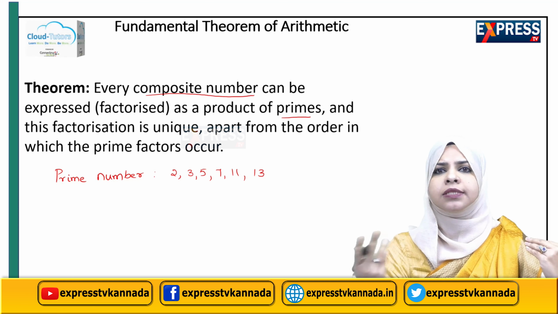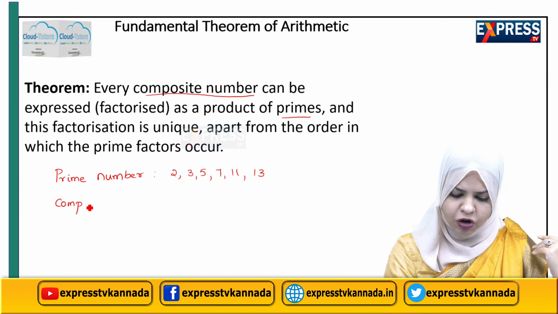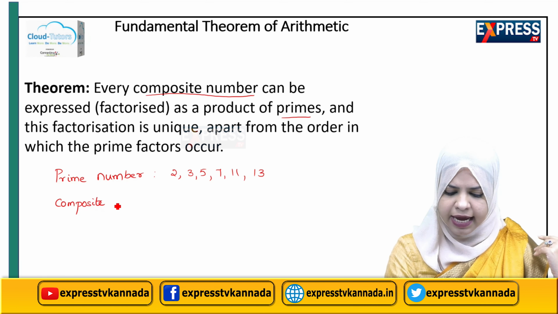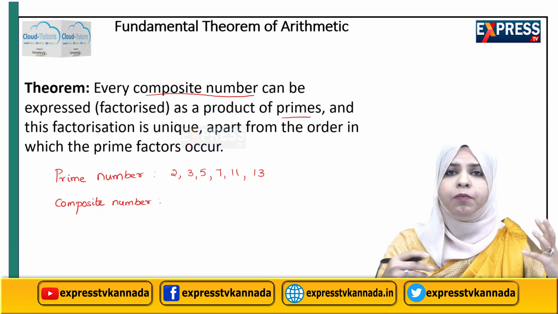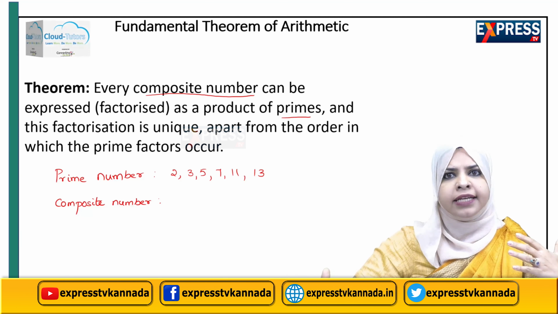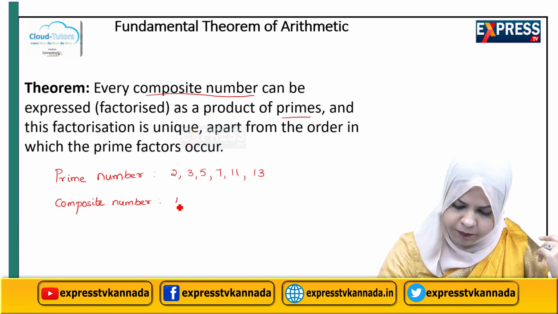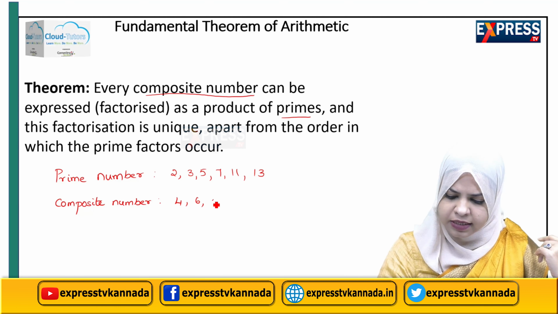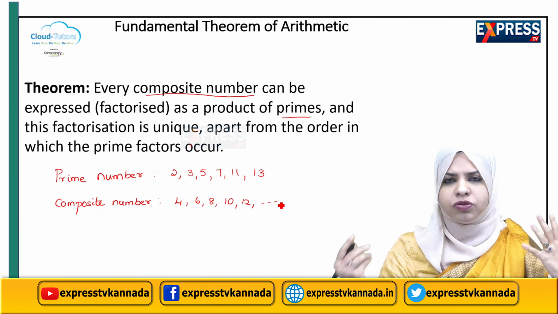So these numbers are called prime numbers. And what are composite numbers? Any number having more than 2 factors, like 4, 6, 8, 9, 10, 12, and so on.